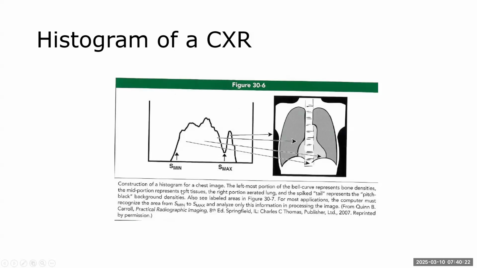So typically, histograms of certain projections are going to look very similar between your image and my image. It's going to look very similar to this if you use the correct algorithm, meaning you choose chest when you're doing a chest and you don't choose hand when you're really doing a chest.